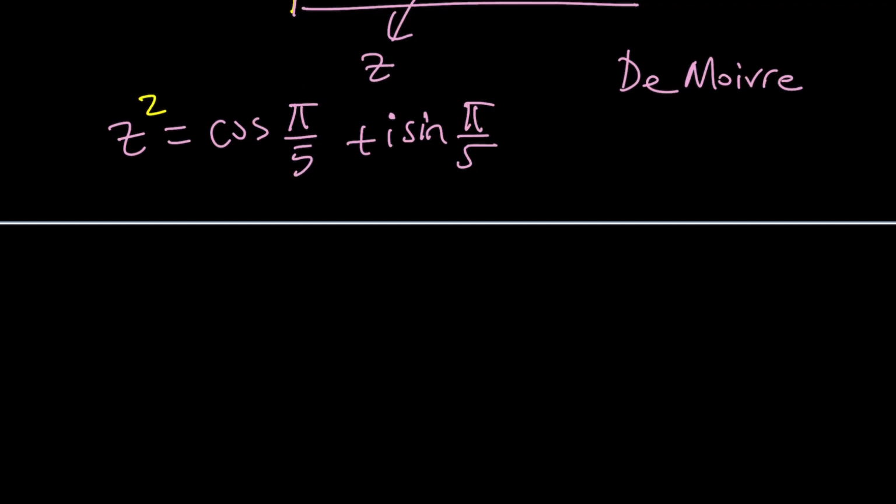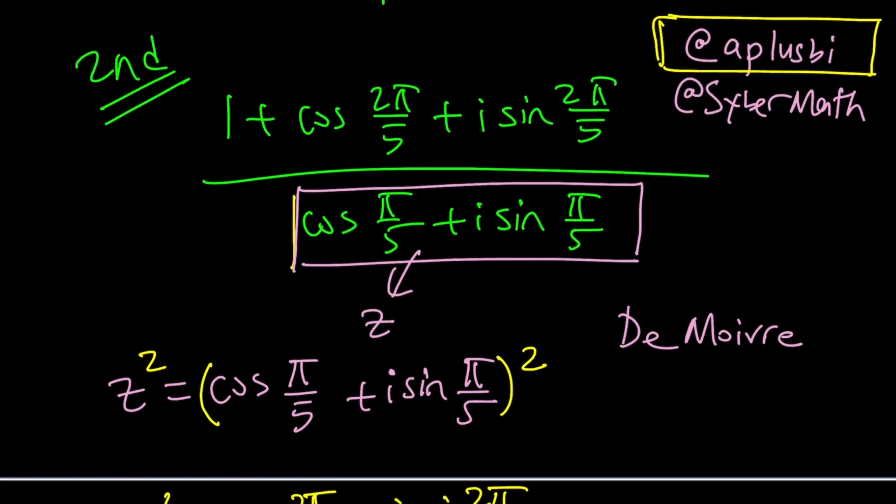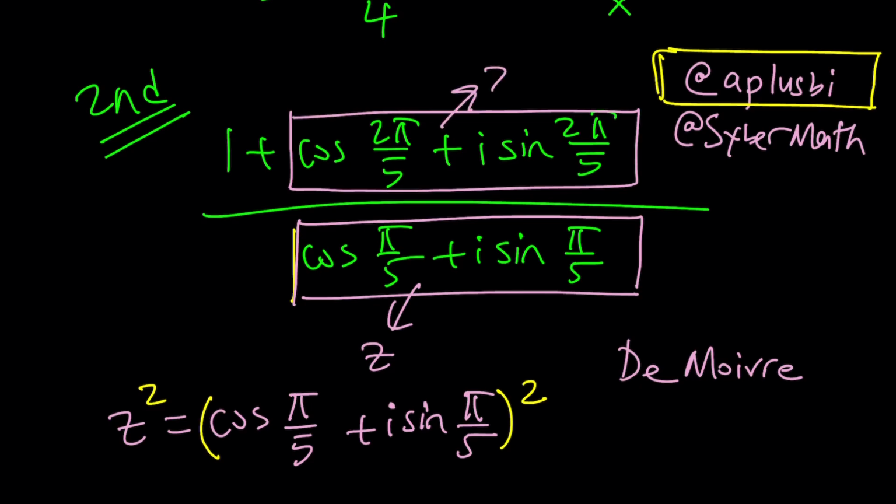If you're doing the second power, all you have to do is double the angle and square the modulus. But in this case, the modulus or the absolute value is 1, so you don't need to worry about it. You just have to double the argument. You get that? So if this is z, this is z squared.